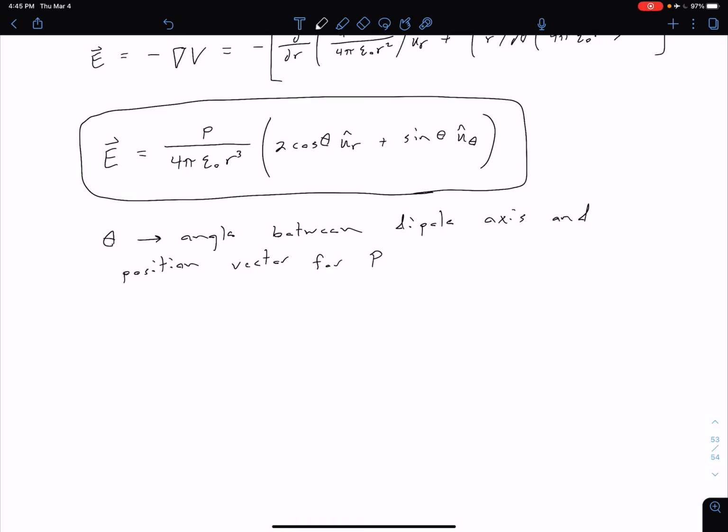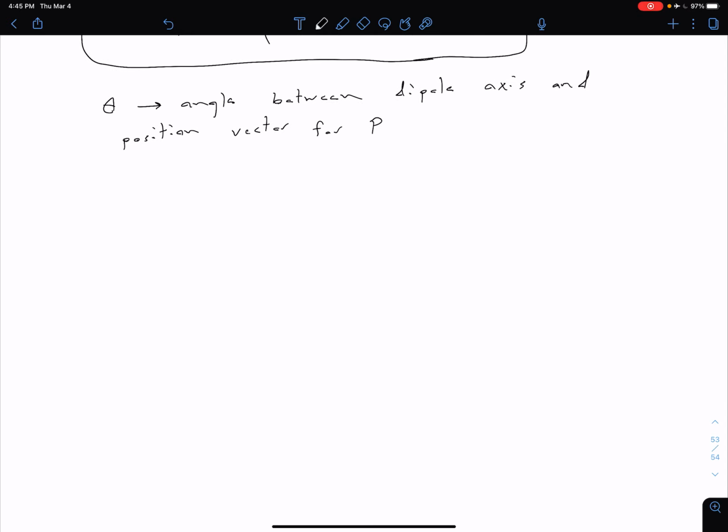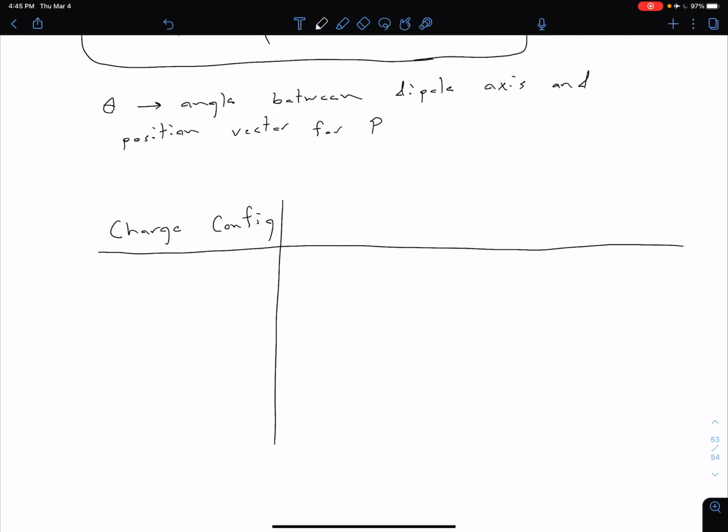So a couple things that we can look at now is some differences between our electric monopole versus our electric dipole. Let's say we're going to look at several different charge configurations, and we're just going to tabulate some differences here. One thing we're going to look at is our variation in our electric field, and also our variation in our potential.